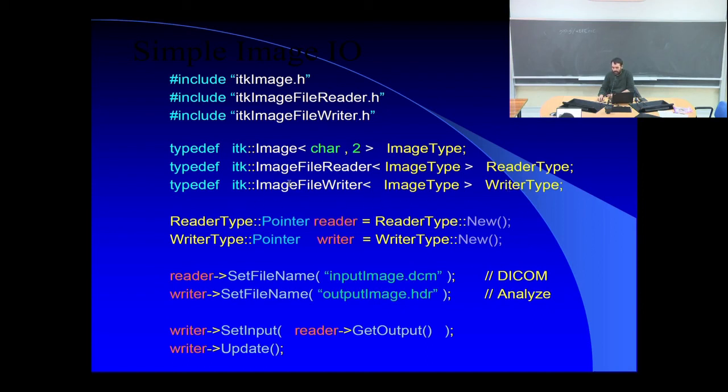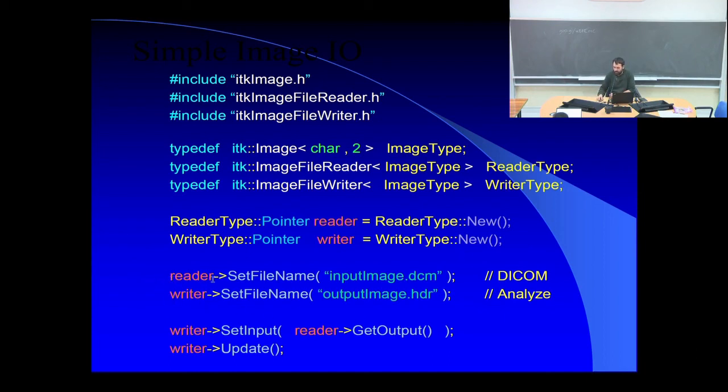After declaring this, we need to have the variables or the objects to do what we want to do. In that sense, reader type pointer reader equals reader type new. Yeah? Writer type pointer writer equals writer type new. Okay? So now we created the objects for reading and for writing. Okay? But we haven't specified which file, etc. We do it afterwards.